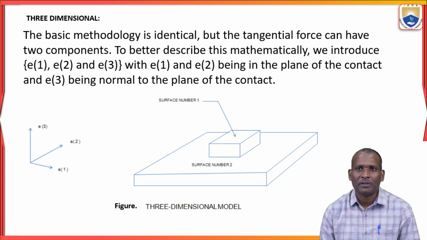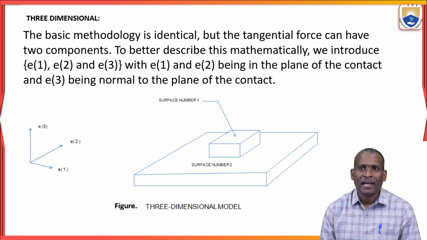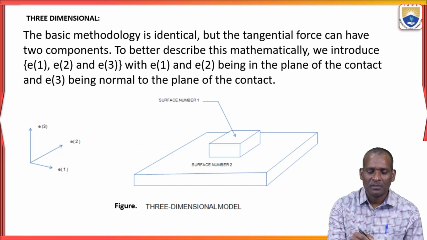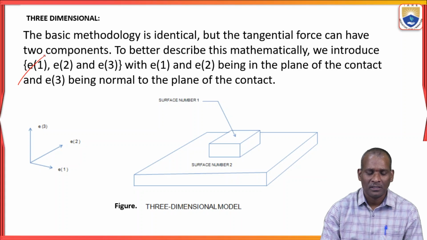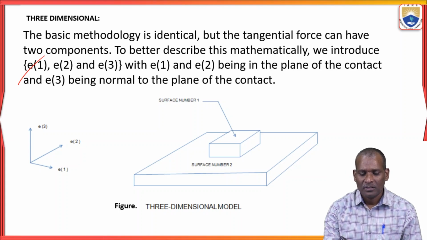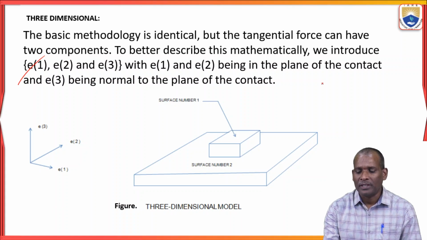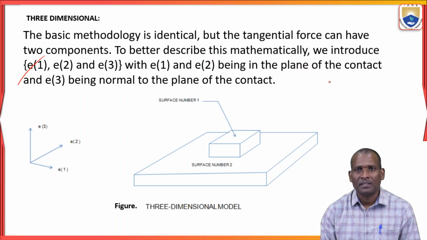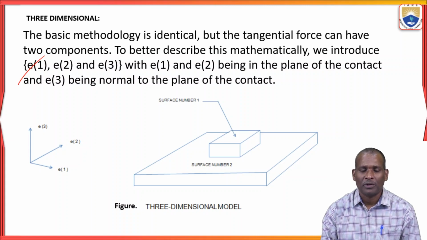Whereas in the 3-dimensional methodology, the tangential force has 2 components. To better describe this mathematically, we introduce the unit vectors e1, e2 and e3, with e1 and e2 in the plane of contact and e3 normal to the plane of contact.